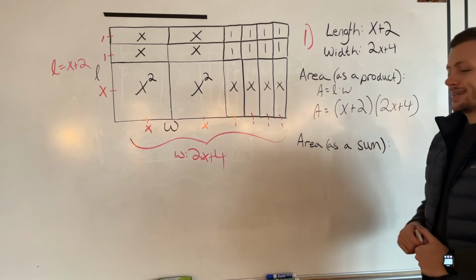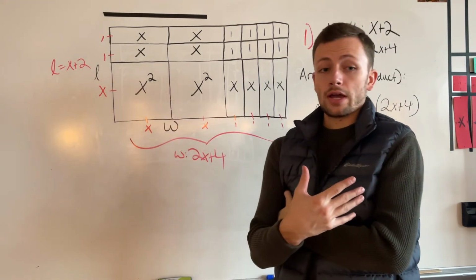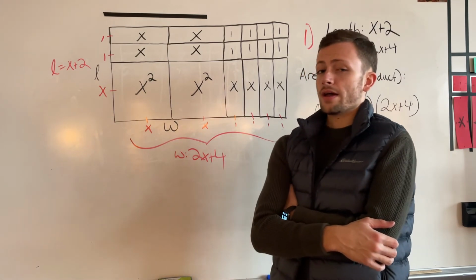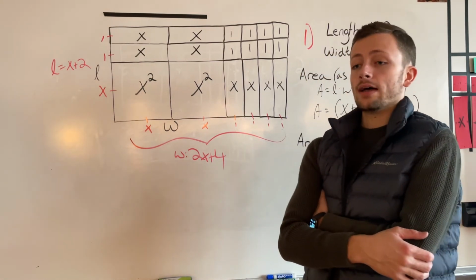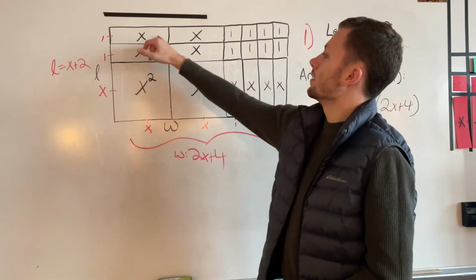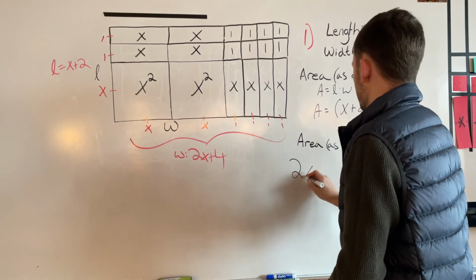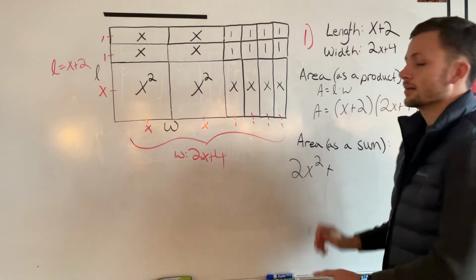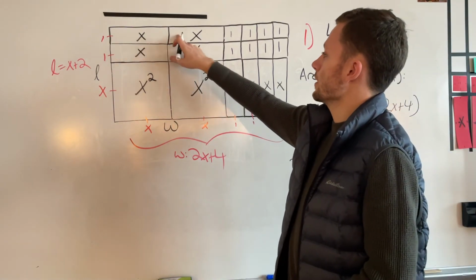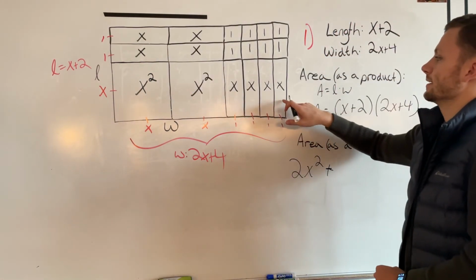But then for my area as a sum, we know that our algebra tiles are named after their area, right? My x squared tiles have an area of x squared. My x tiles have an area of x. And my 1 tiles have an area of 1. So what I need to do is add them all up. I've got 2x squared, plus, because again, it's a sum, 1x, 2x, 3x, 4x, 5x, 6x, 7x, 8x.